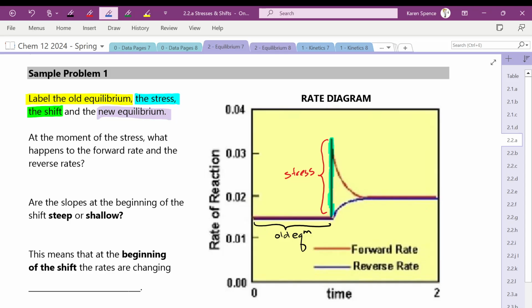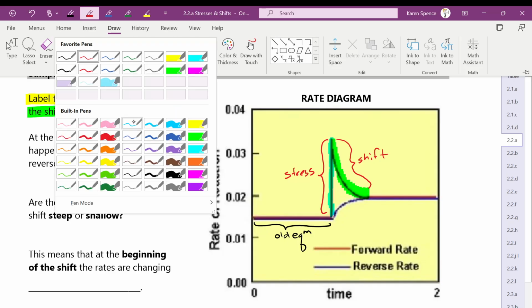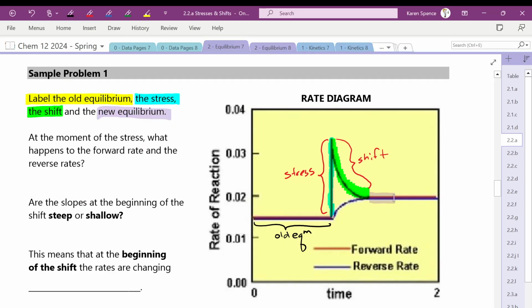It's the curve, okay? So this part here, this is the shift. And then finally we have the two rates are equal again. Our new equilibrium.